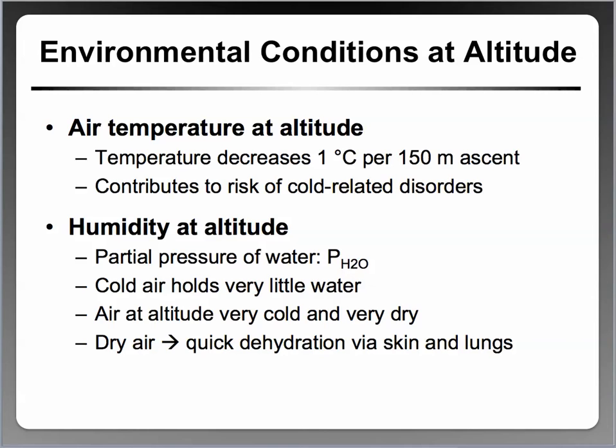We did see that temperature decrease, in addition to the sun starting to go down. But you do see very cold temperatures once you get to your higher altitudes, and this also contributes to your risk for cold-related disorders or hypothermia.